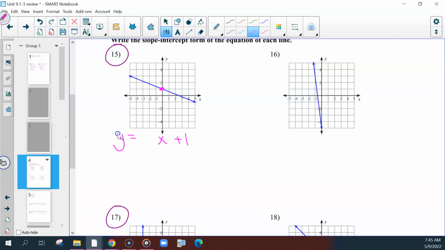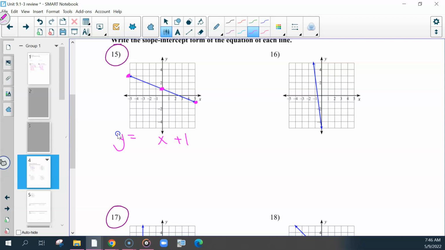So far we knew this much. I left space for our slope because we don't know what that is yet. And then you have to find another point along this line that crosses the grid lines in the background exactly. So another point may be this one, either or, doesn't matter. And you would need to count your slope.